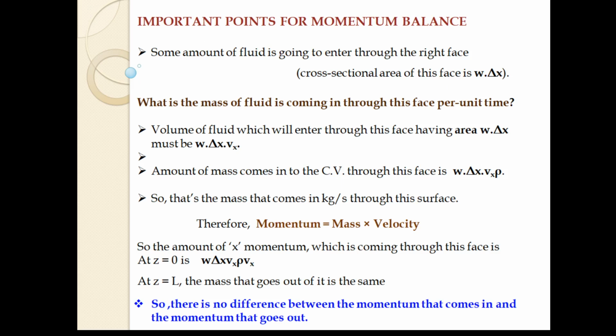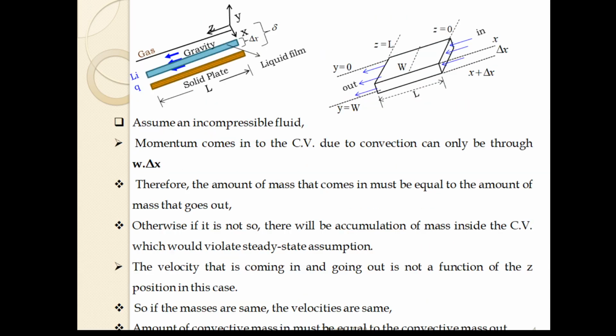That momentum which comes into the control volume is due to convection. So this convective momentum is taking place through W del X. Therefore the amount of mass coming in is equal to the amount of mass going out.